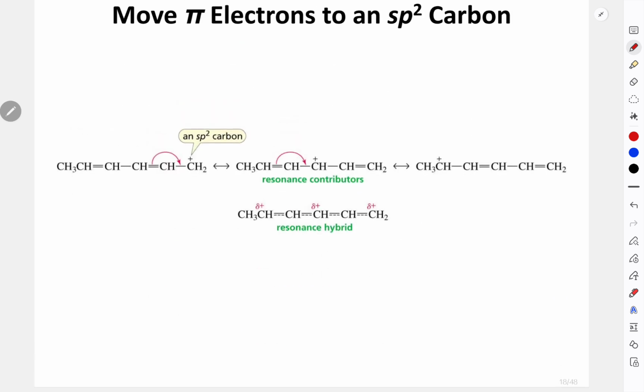But there are 4 different arms. This carbon is sp3 hybridized, with no p orbital, so it cannot accept the electrons from the pi electrons on the left-hand side. So in this case, this double bond cannot be delocalized. It has to be isolated, or localized within the double bond. So there will be no resonance contributors for that.